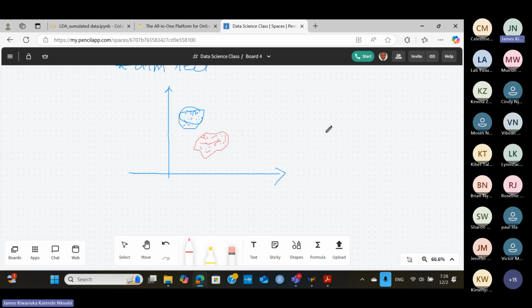So the aim is the following. You know that these 2 groups are classified. So maybe this is group 1 and this is group 2. And you have these 2 measurements, X and Y, measured on those 2 groups. Now you want to find a way of classifying into one of these 2 groups, either group 1 or group 2, based on these 2 measurements.